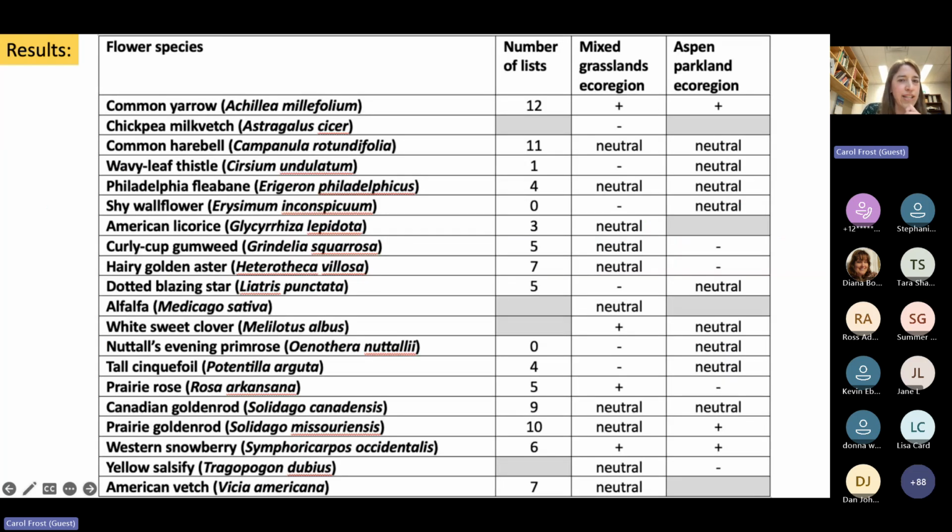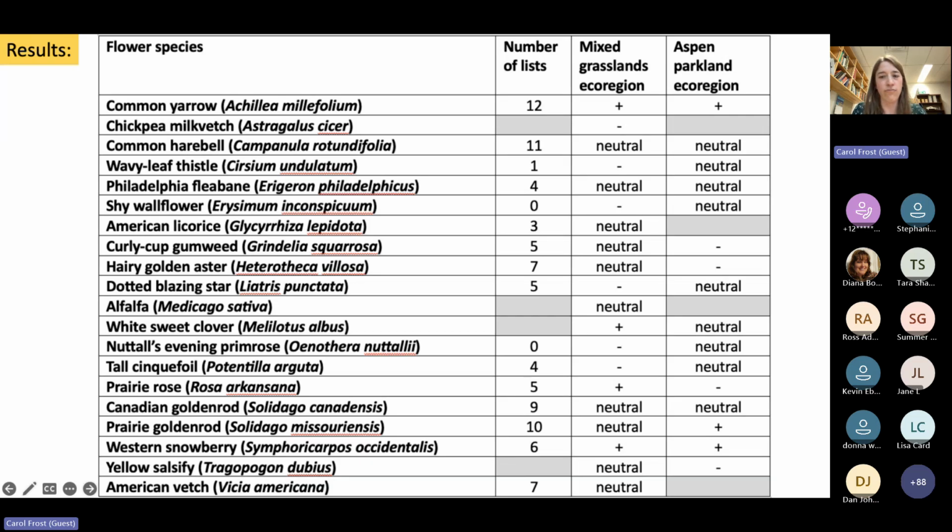Just taking a bit closer look at this, here's an example of the flower list data. So common yarrow was found on 12 flower lists for pollinators. It was preferred in both ecoregions from the empirical data. Let's look at another one. Common harebell, Campanula rotundifolia, appeared on 11 lists saying plant this for pollinators. It did not come out as preferred.